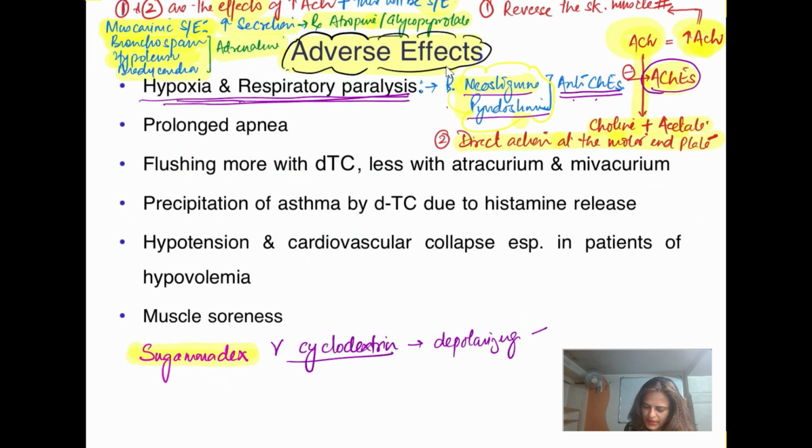There are a few, like rocuronium, vecuronium. These are the two main ones, plus pancuronium also. So it is going to cause the reversal of these three drugs. Its structure is like that. It is going to encapsulate all three.